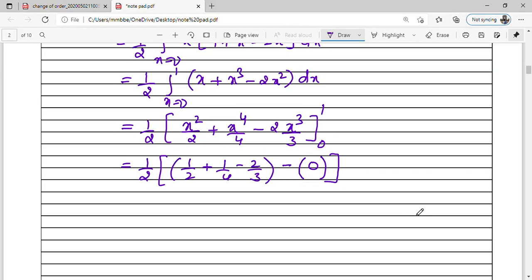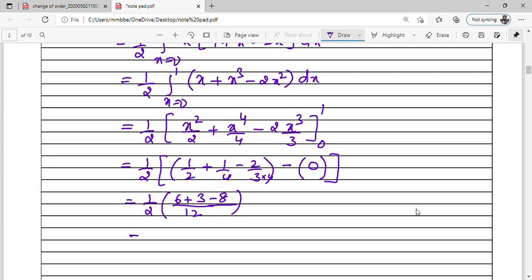So when you take the LCM, it becomes 1 by 2. The LCM is 12. So 1 by 2 becomes 6, 1 by 4 becomes 3, and 2 by 3 becomes 8.